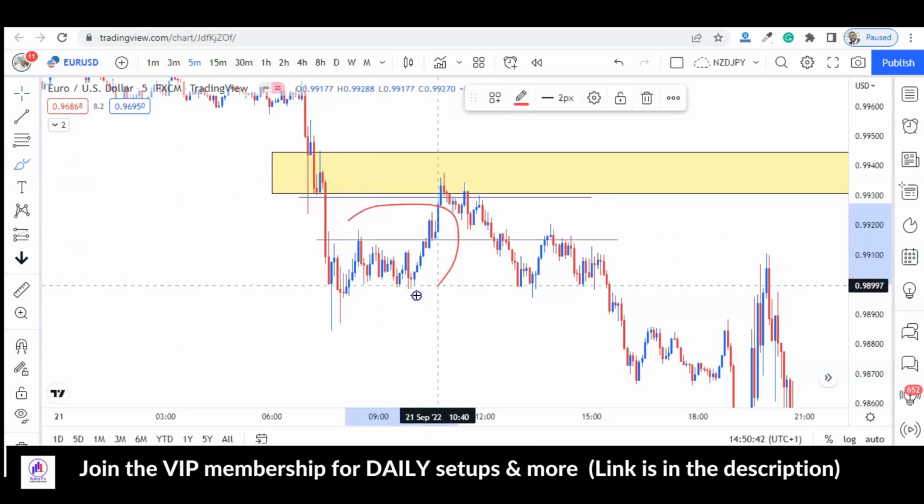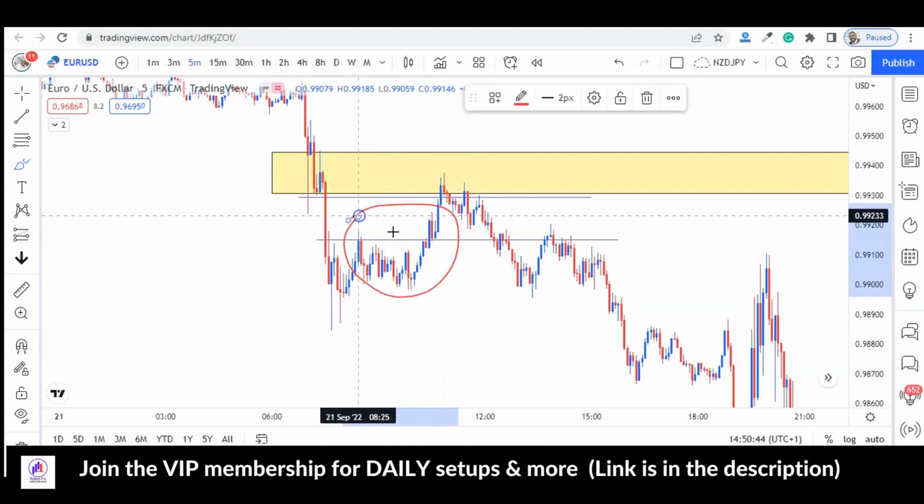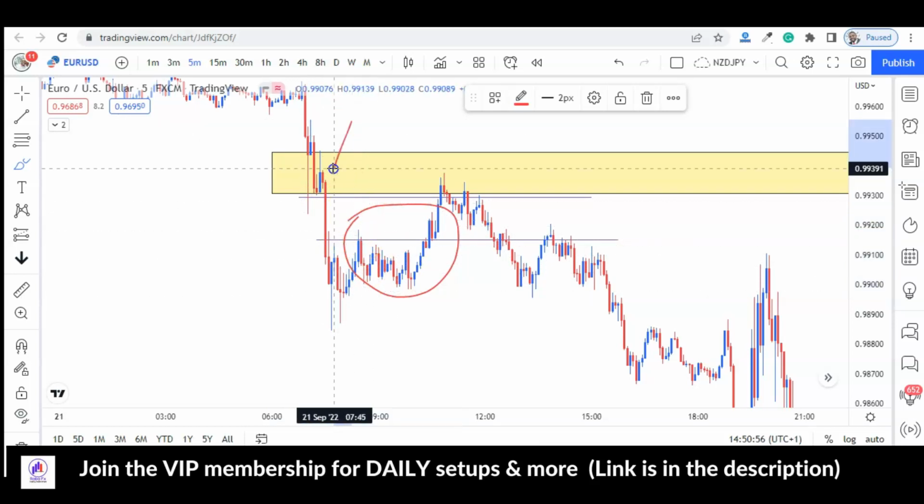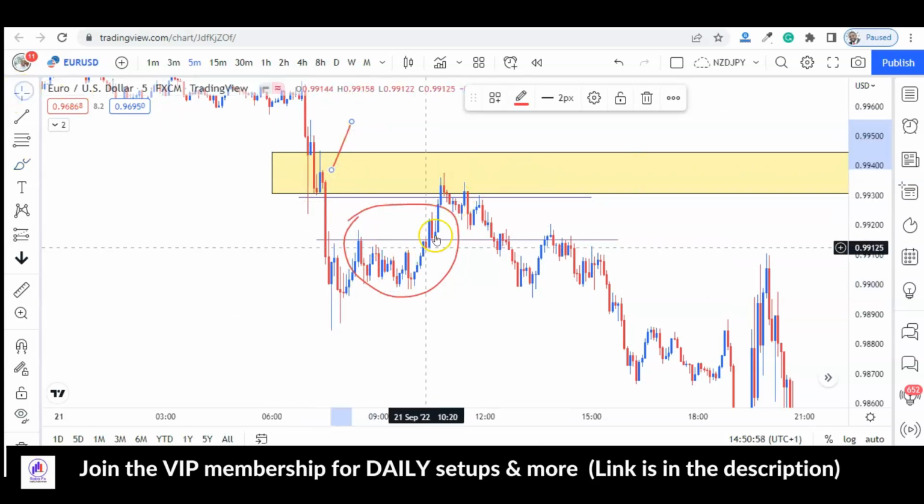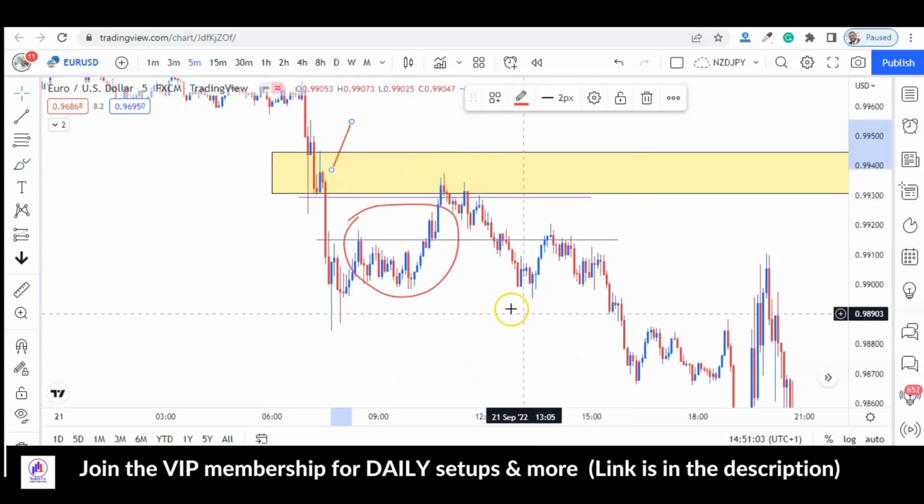All of these, liquidity engineering. Okay, because that is what the fair value gap is mostly used for. The market uses fair value gaps to tempt people to continue this short. But what happened eventually, price came in here and we got our entry and then we continue.